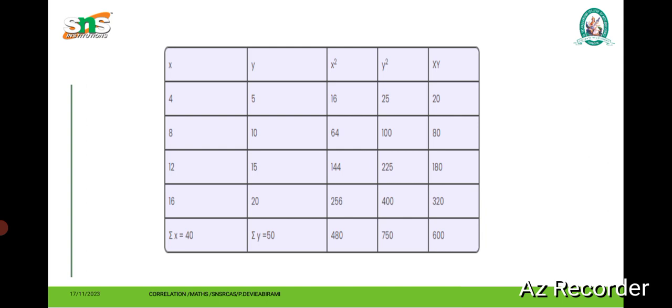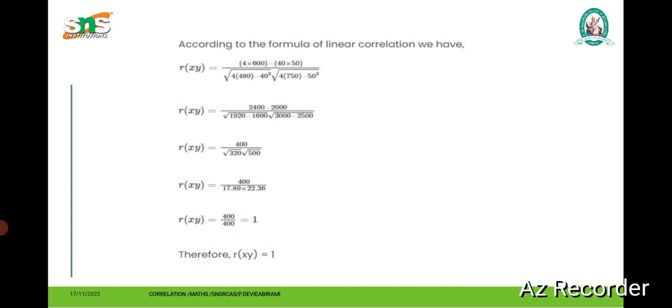Now I am going to apply these values in my formula. According to the linear correlation formula, we have r of x, y, the correlation coefficient, equal to n summation xy minus summation x summation y, divided by the square root of n summation x square minus summation x the whole square, into n summation y square minus summation y the whole square.